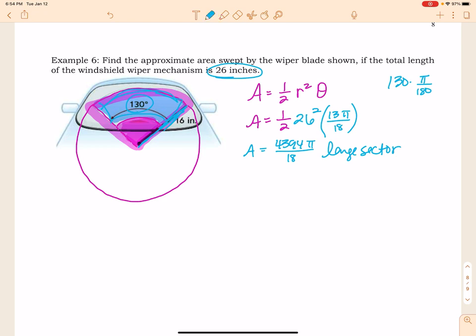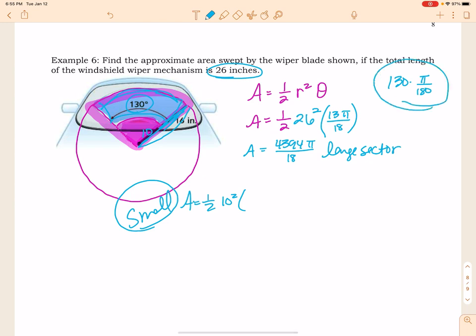So now I am going to find the area of the small sector. It's 1/2 times the radius squared. If this whole thing is 26, this little piece is 10, so that's 10 squared, and of course the angle is exactly the same, 13 pi over 18. And then of course I get another obnoxious number.